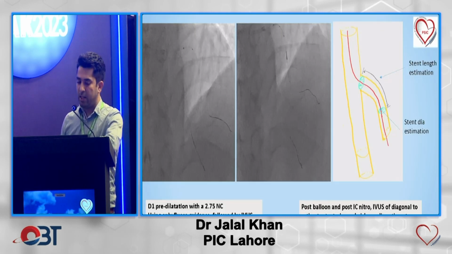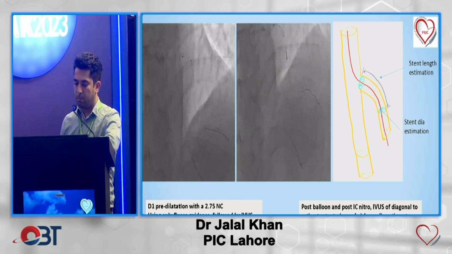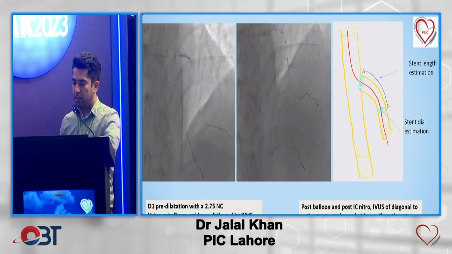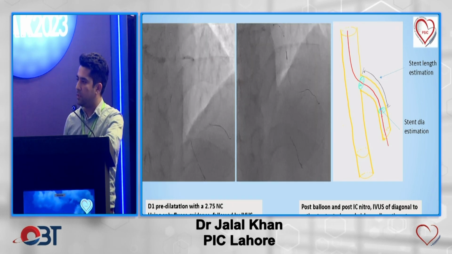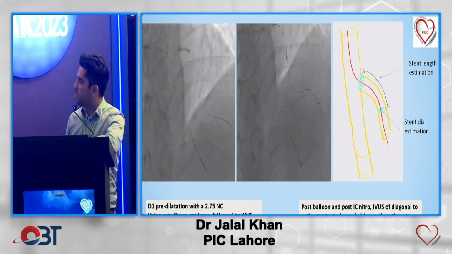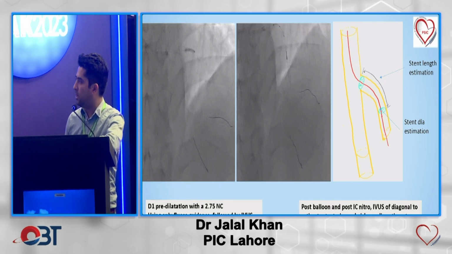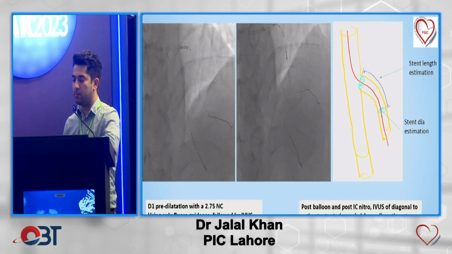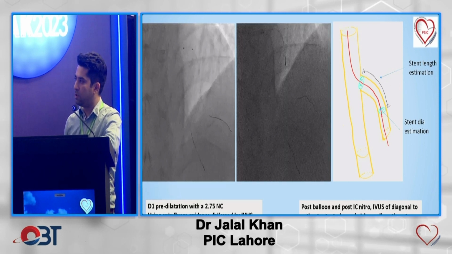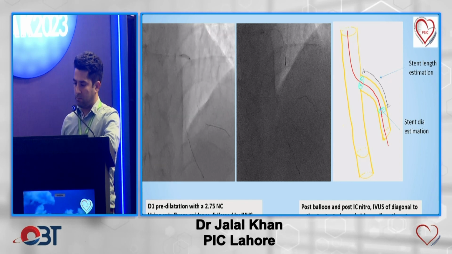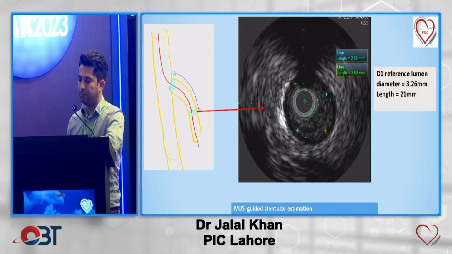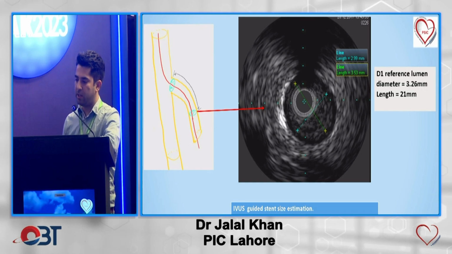Diagonal 1 was pre-dilated with a 2.75 balloon at 12 ATM. After pre-dilatation, IVUS of diagonal 1 was done. Here we can see the IVUS points for the proximal and distal. IVUS was done in order to know the landing zone, the diameter, and the length of the lesion, and the stent estimation came to a diameter of 3.26 and length of 21 millimeter.